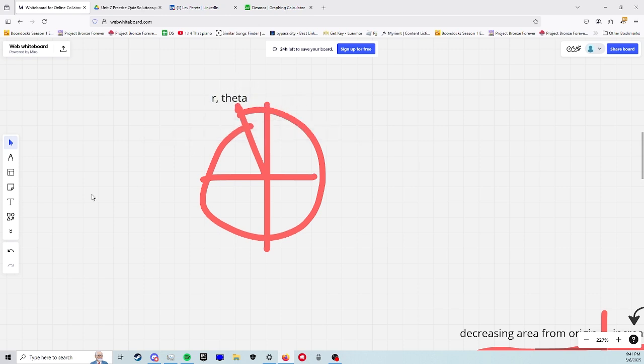So right now this is our point, and then they also give us negative r, theta plus 2 pi. So 2 pi means it goes around twice. So it goes around once, it goes around twice, which means it'd be the same position. Okay, so this is the original point.